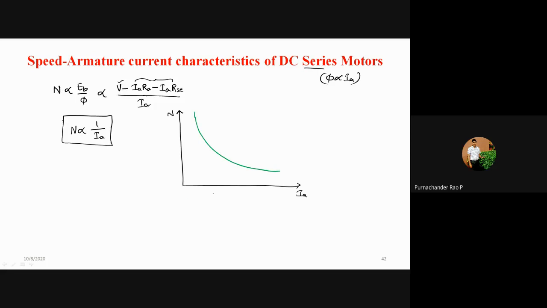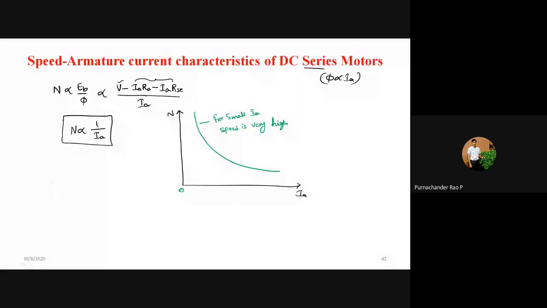Here you can see that for small values of current IA, the speed is very high. That means, let us take that the machine is operating under no load conditions.